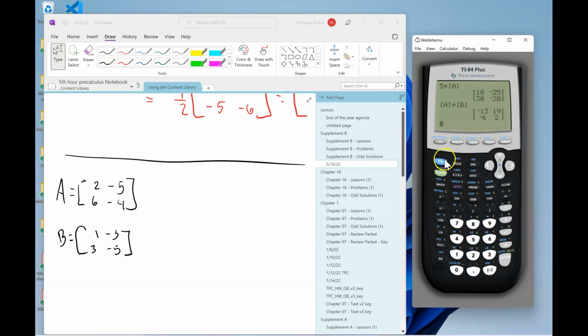What if I want to do B times A? What are you guys expecting to get here if you do B times A? The same thing, but what do you notice? This is not a mistake. Nothing has gone wrong on your calculator.